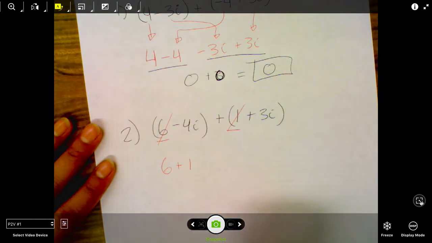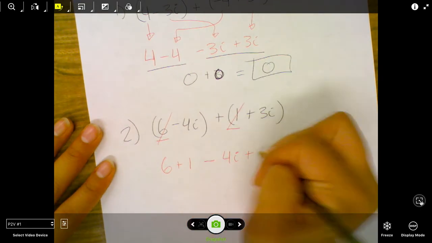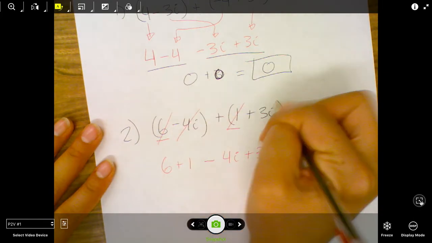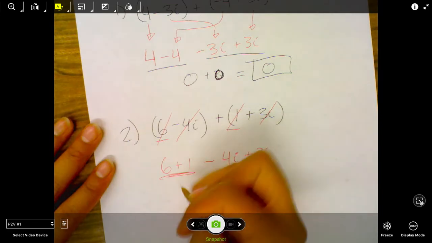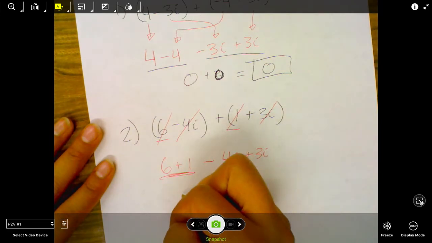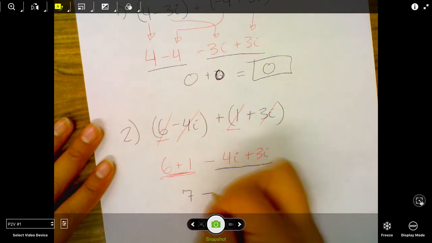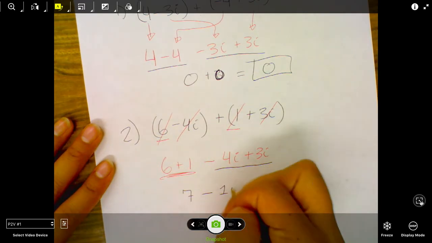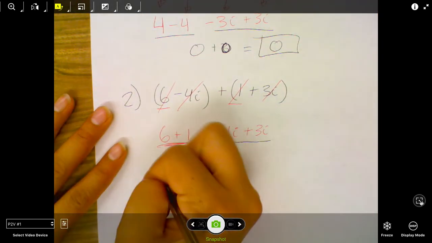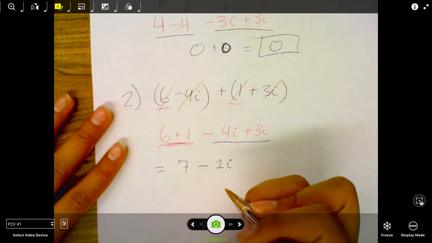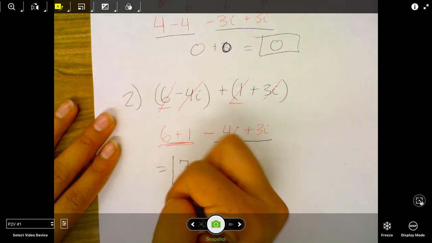Sometimes I like to cross them out so I know what is left, and then group the imaginary numbers. Now that I have them grouped together, I'm going to add or subtract what I can. So 6 plus 1 is 7, and -4i plus 3i is -1i. That's as far as I can take this. There is nothing more that I can do here, so this is our final answer.